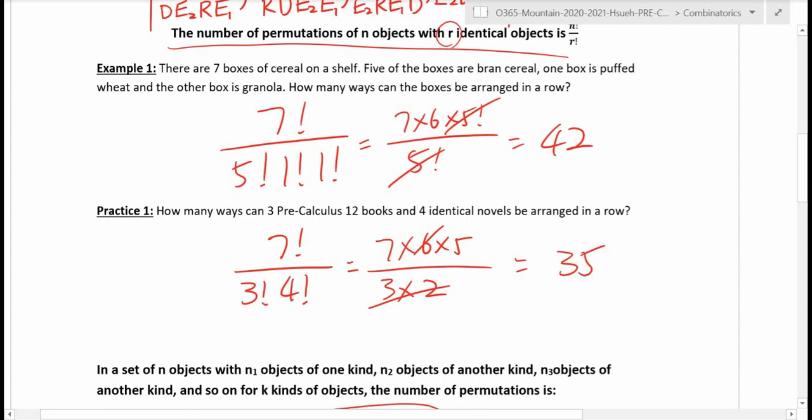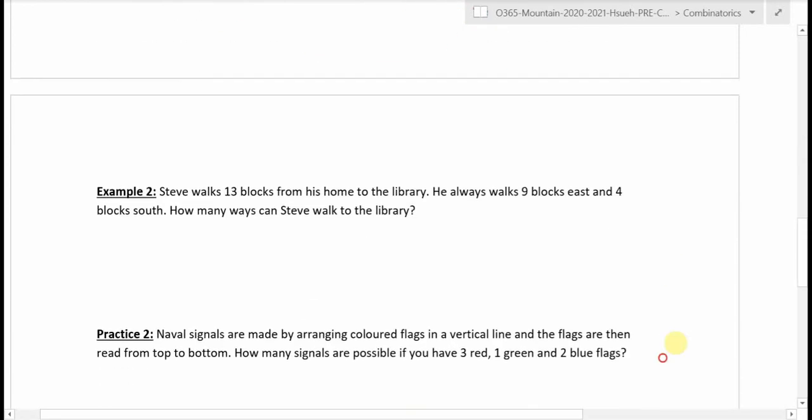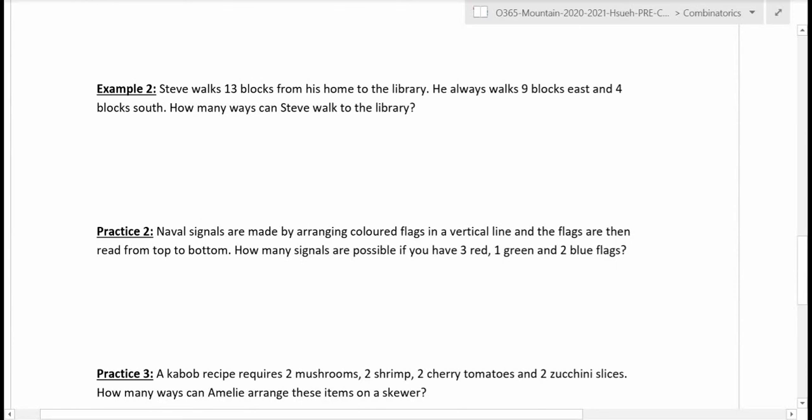Okay? So it's very similar to what we did last time. We just need to add this little piece to it. All right. Here's the second example. Let me just tell you this: I feel that if you do this unit section by section, it's actually quite simple. It gets quite tricky when you combine everything together.